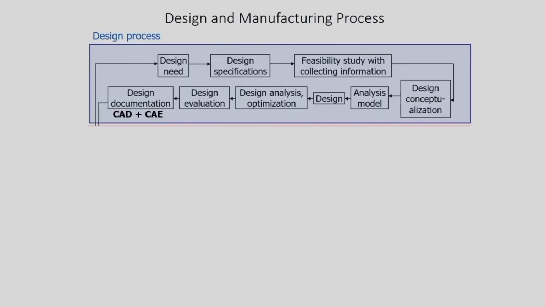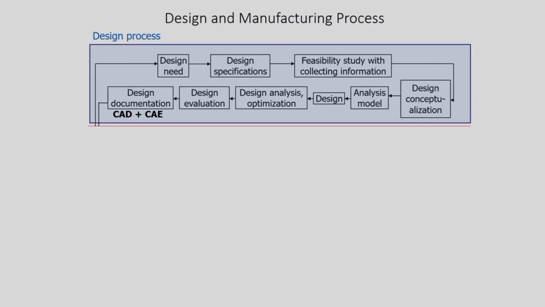Now, let us see how to reduce the lead time in manufacturing. To reduce the lead time, we must first understand the design and manufacturing process. As far as the design process is concerned, there are various design activities, or various elements of design activities, that are to be carried out.